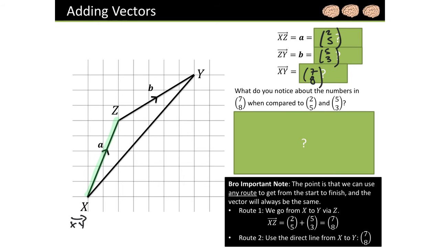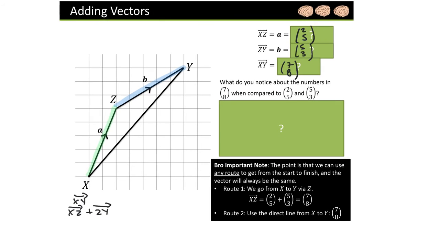So I would do xz plus zy, okay, which is the same as xz is represented as A, isn't it? Zy is represented as B, so it's the same as A plus B, because we're still going in this direction, okay? What is A represented as? 2, 5.